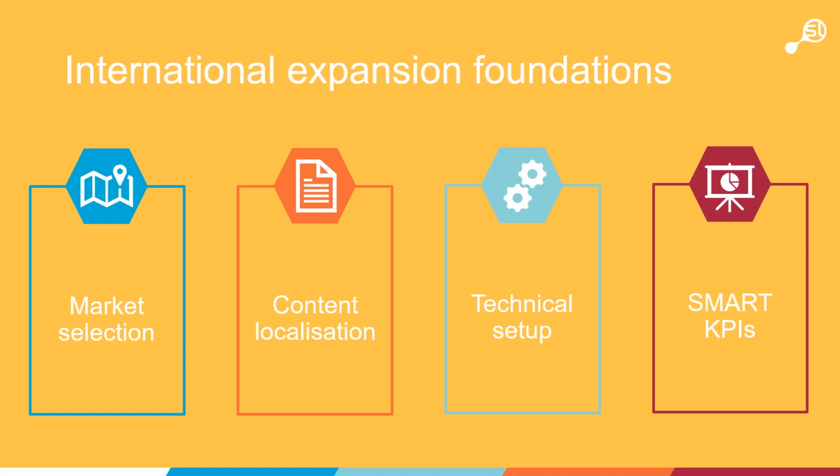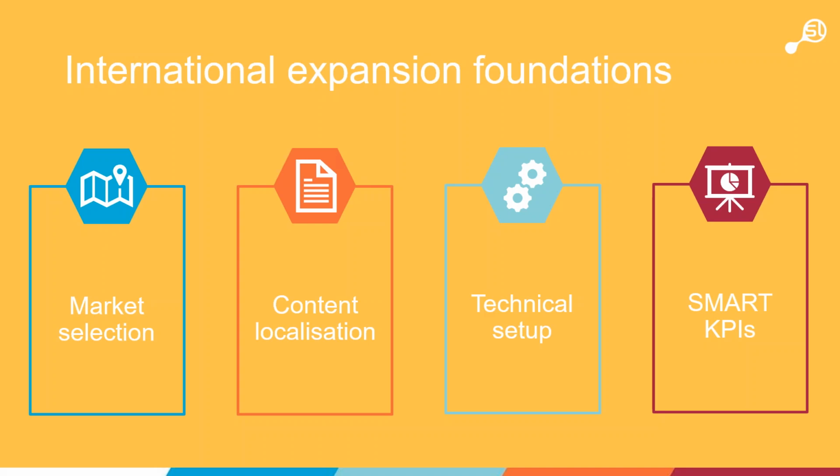One of the things in terms of foundations is that you need to pick the right markets through research, making sure that you can do business in those countries. Obviously, the next step is having content localized in as many languages and countries as you can realistically do within your budgets.